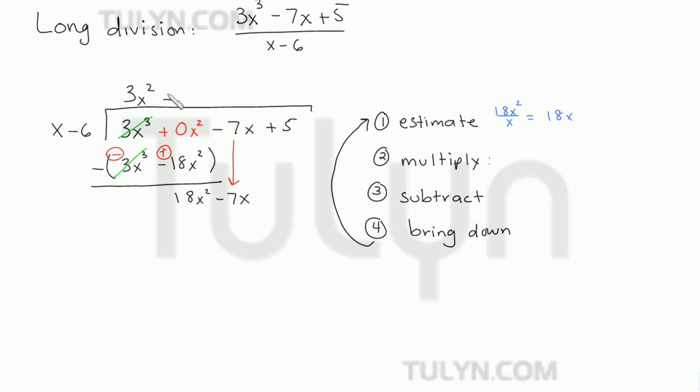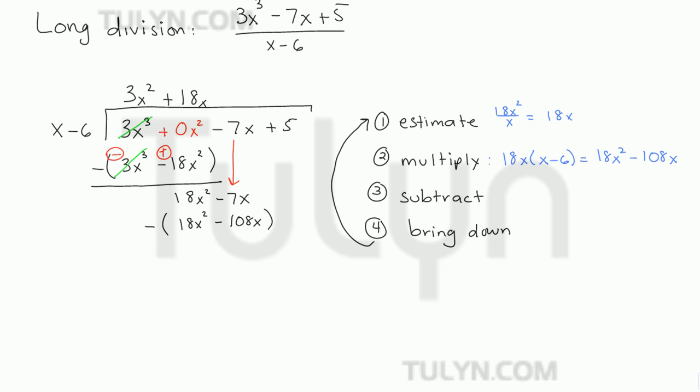So we want to add 18x here. So when we multiply 18x by x minus 6, we get 18x squared minus 108x. So writing that down, we get 18x squared minus 108x.